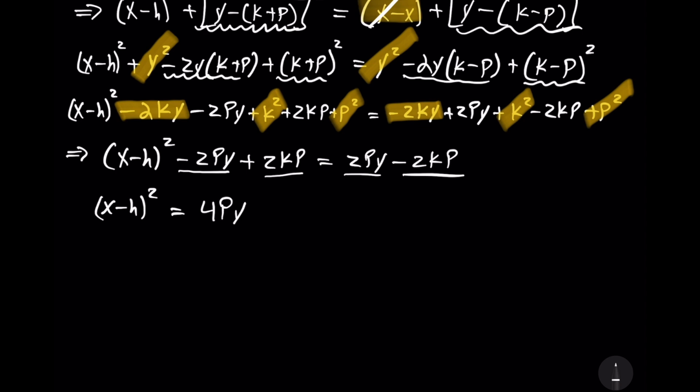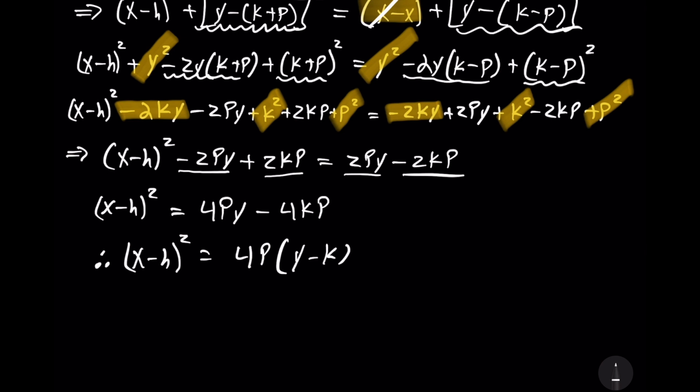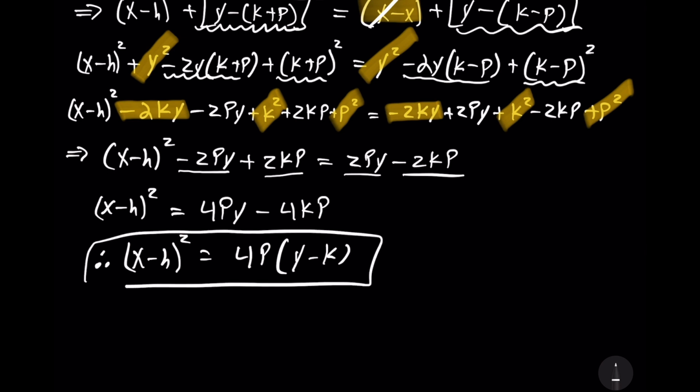We'll subtract 2kp from both sides, so we get minus 4kp. And then we could factor the 4p out. So our final answer we'll just say is therefore (x minus h) squared is equal to 4p times the quantity (y minus k). So this equation here will model our parabola.